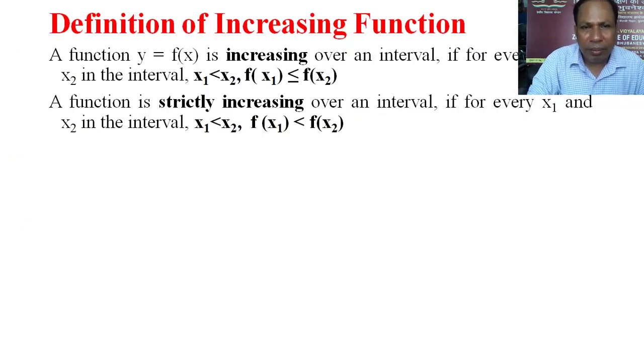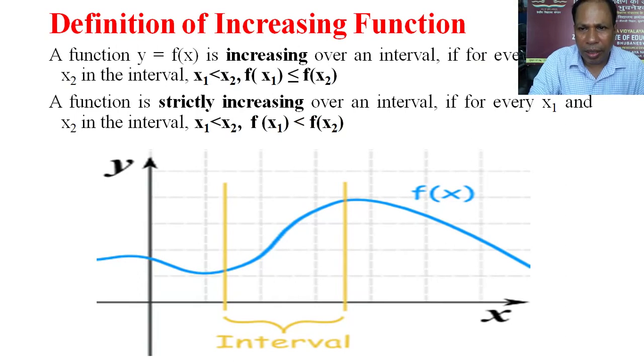Now coming to the mathematical definition of increasing and decreasing functions. A function y, or we call it f(x), is increasing over an interval if for every x1 and x2 in the interval, x1 less than x2 implies f(x1) is less than or equal to f(x2).